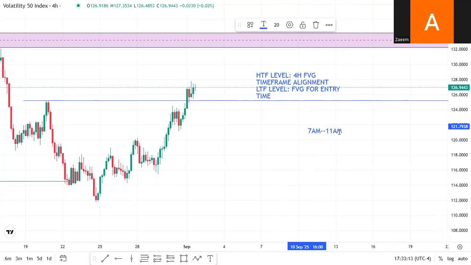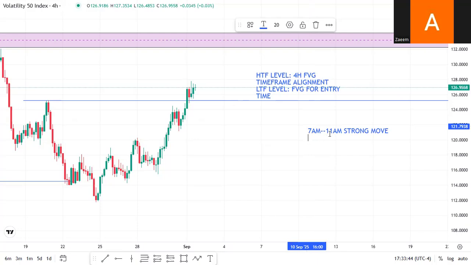So I'll grade it on a scale of 1 to 3. I'll give it a 3, meaning the rate at which it moves is strong. A strong move will happen at this time. So let me tell you one logic now.